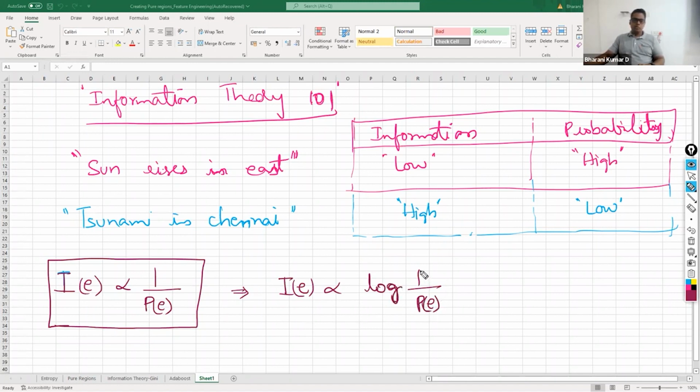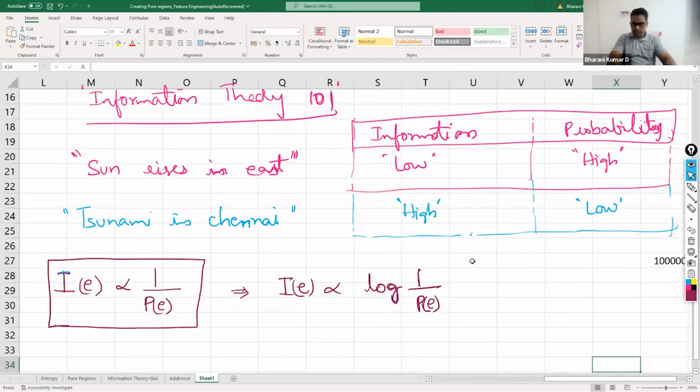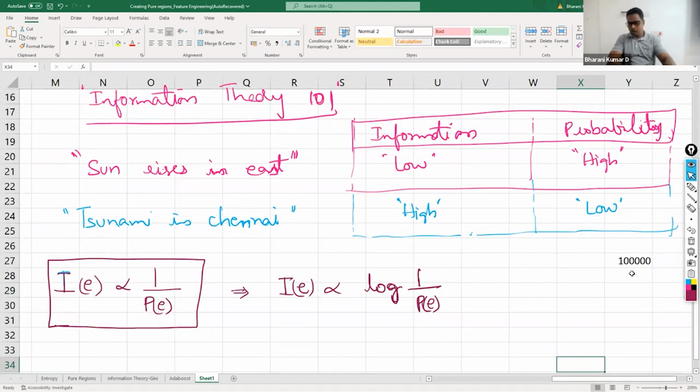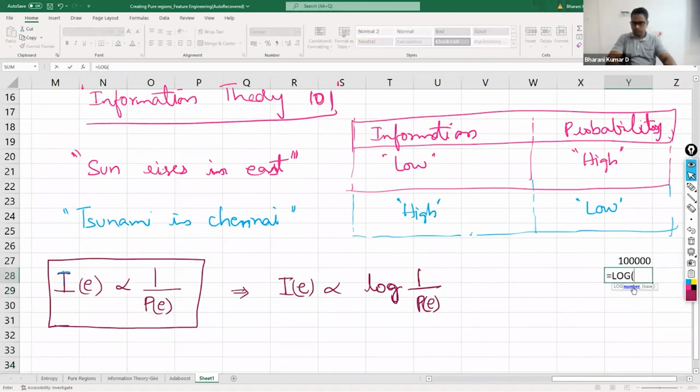Log is only used to have some mathematical simplicity in calculations. Take a very big number, take a log of that. What do you think the log of 10,000 would be? If you take the log of 10,000, obviously that's a very big number, or say 100,000, if I take a log of that, the value will become very small.